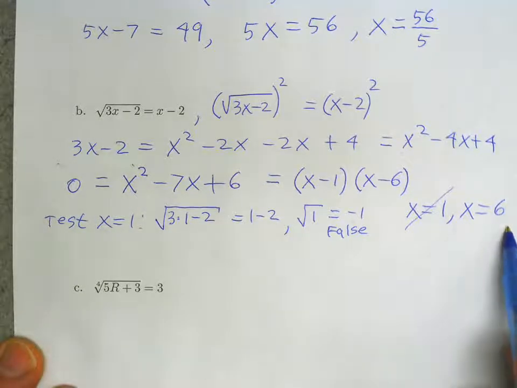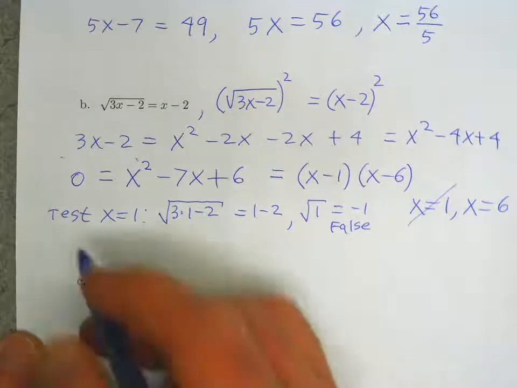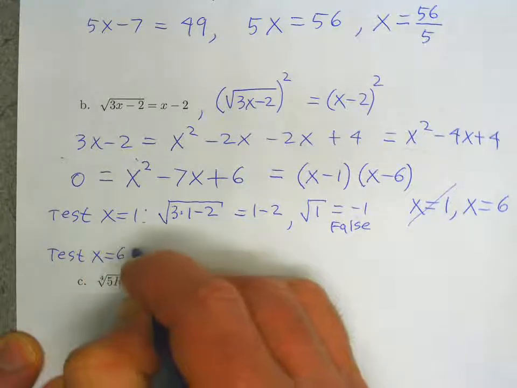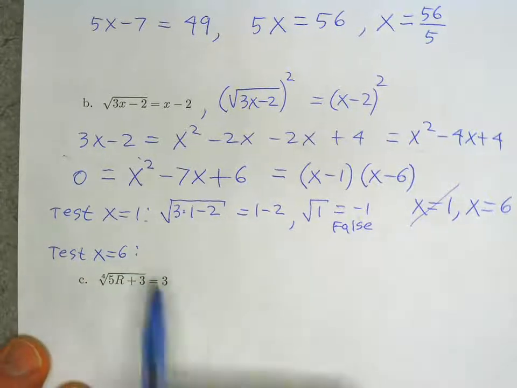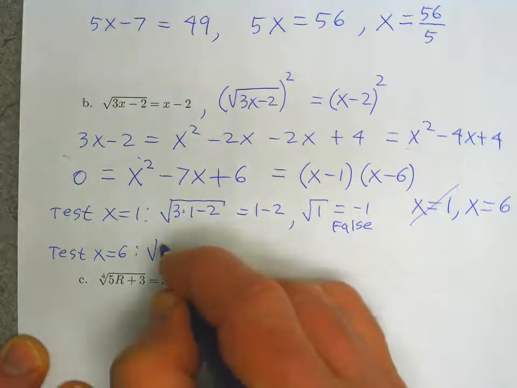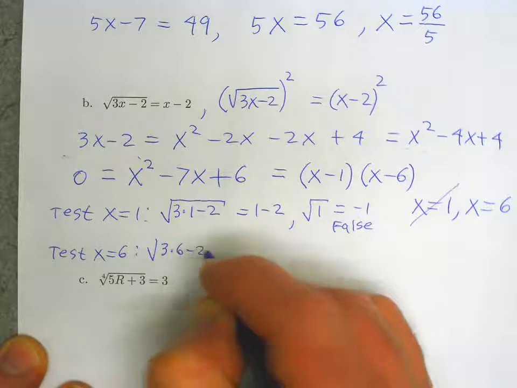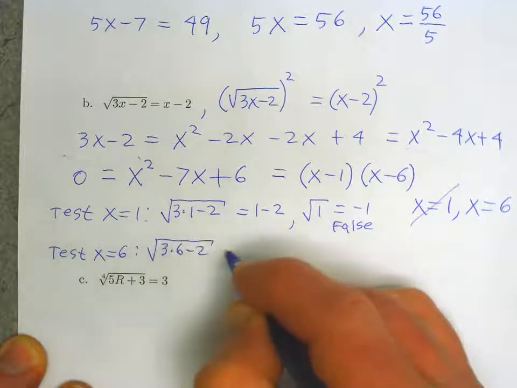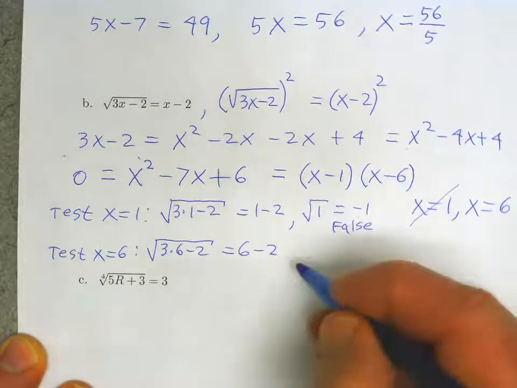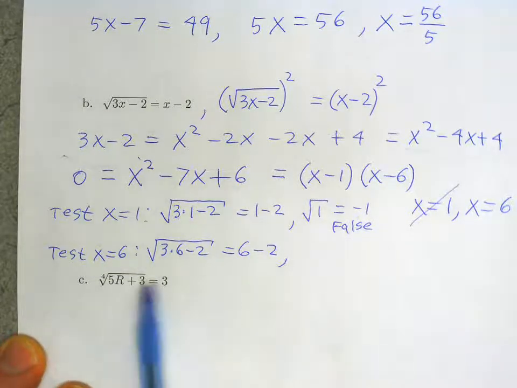If we test x equals 6, replace x with 6, in the left-hand side, the positive square root of 3 times 6 minus 2, and on the right-hand side, 6 minus 2. So we'll just take this one step further.